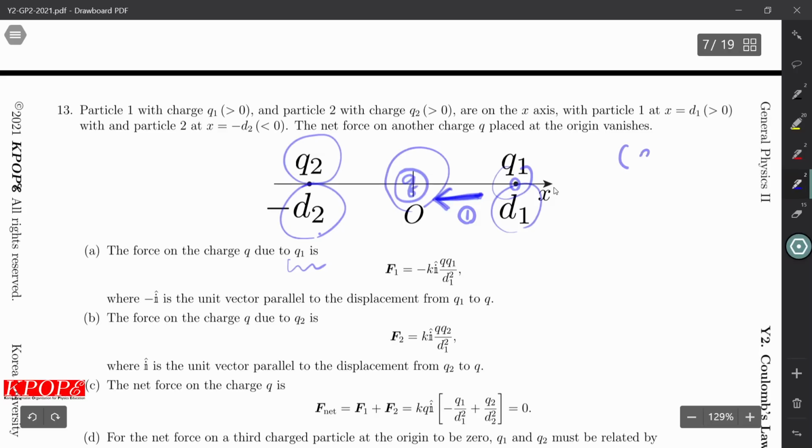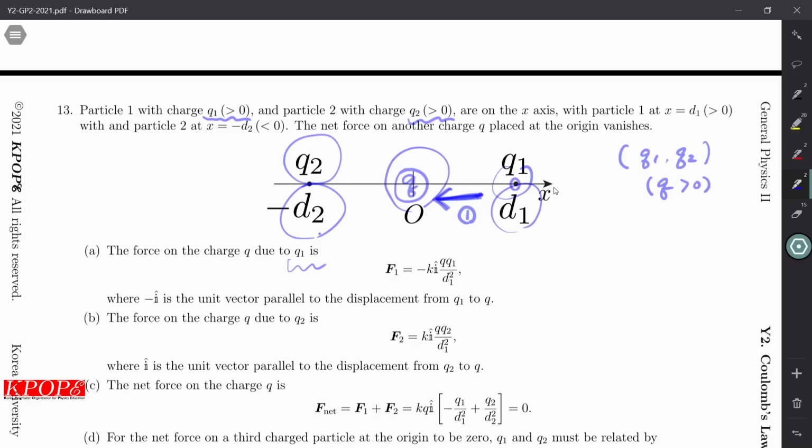First assume Q1 and Q2 are both positive. We do not know the sign of Q, so temporarily we just assume Q is positive.